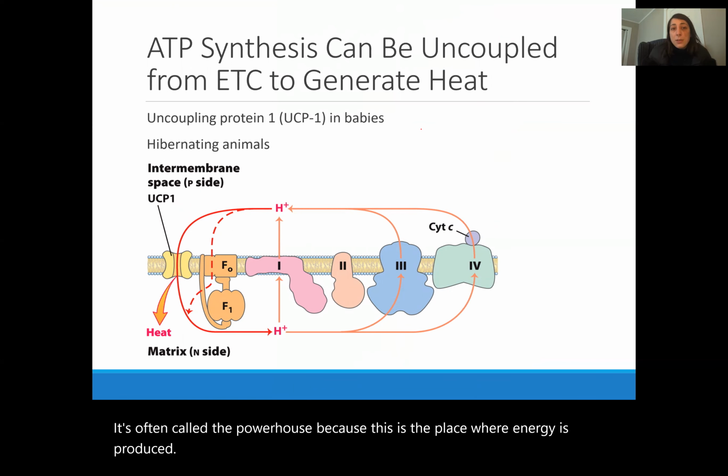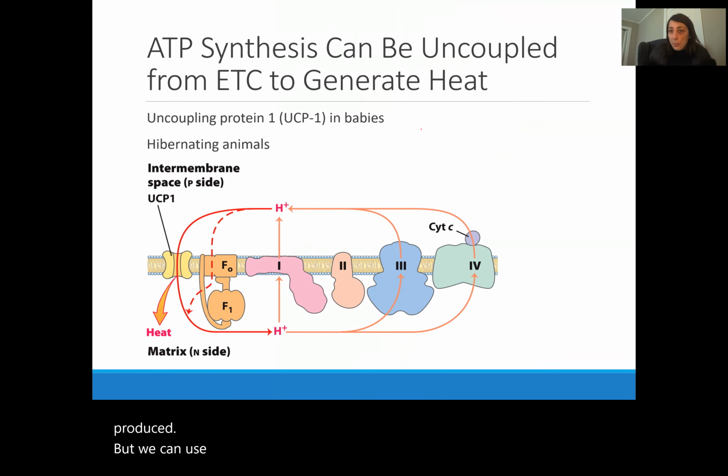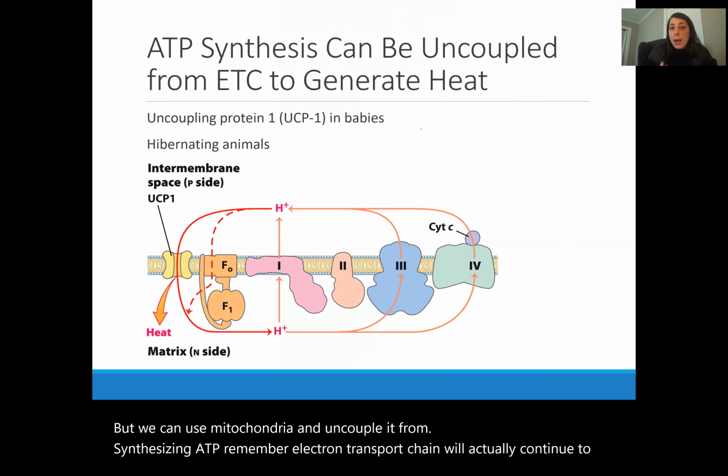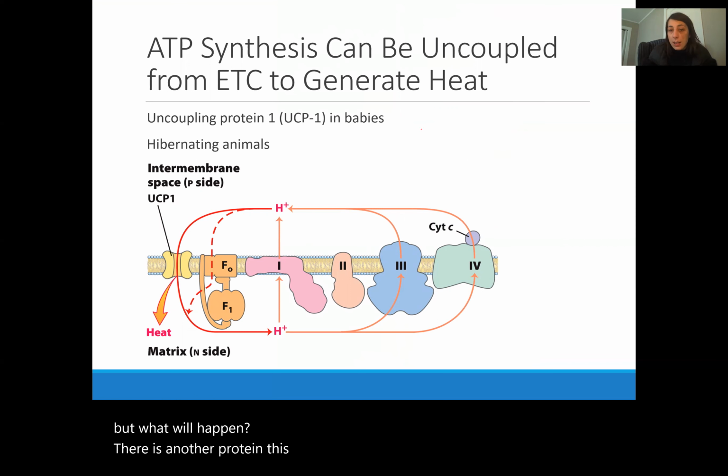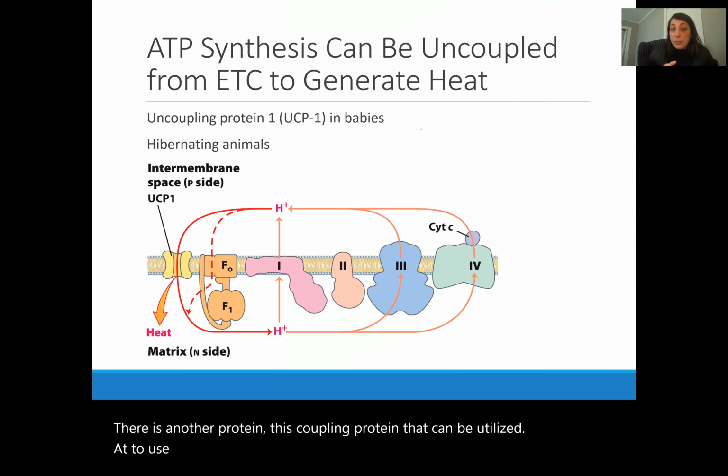But we can use mitochondria and uncouple it from synthesizing ATP. Remember, the electron transport chain will continue to go. But there is another protein, an uncoupling protein, that can be utilized to use those electrons from the electron transport chain to instead generate heat.